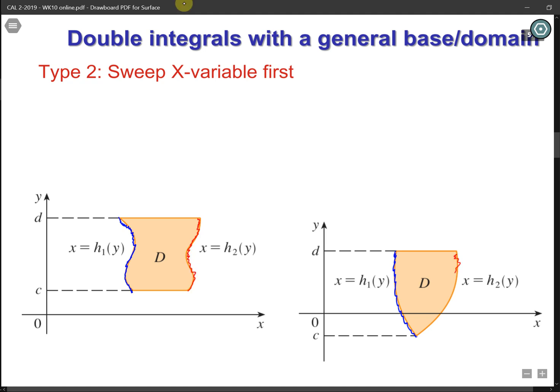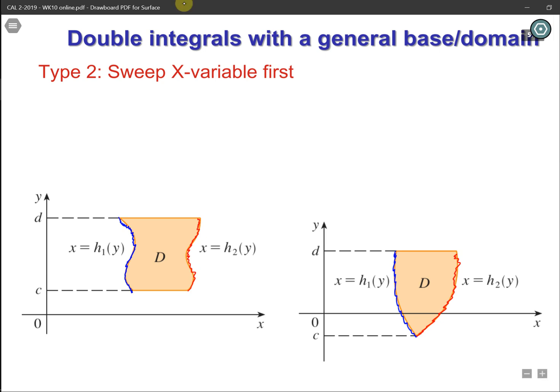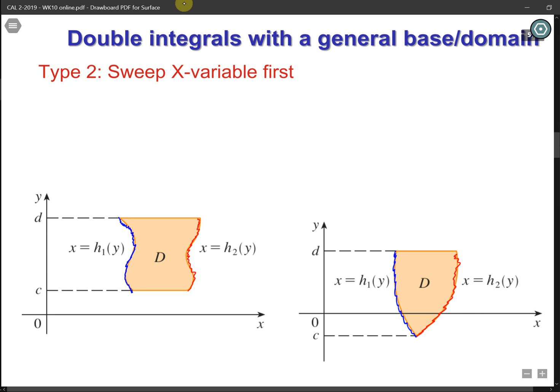When I see these two boundaries, I am going to connect them with the sweeping. So I'm thinking about sweeping from the left function to the right function like this, from left to right.